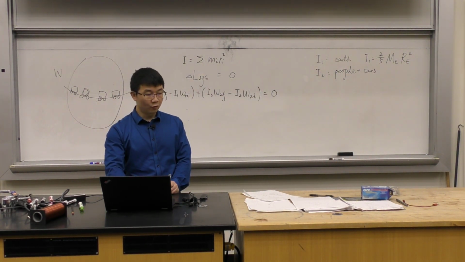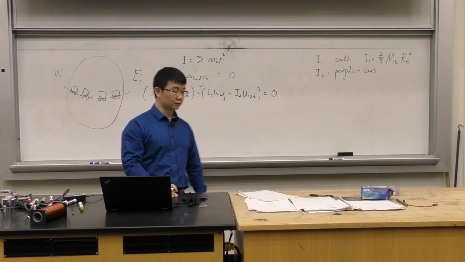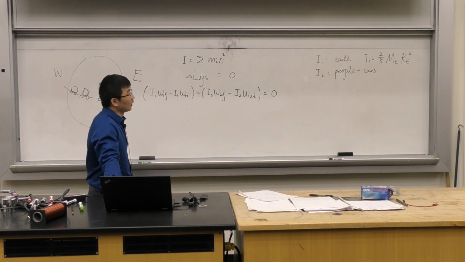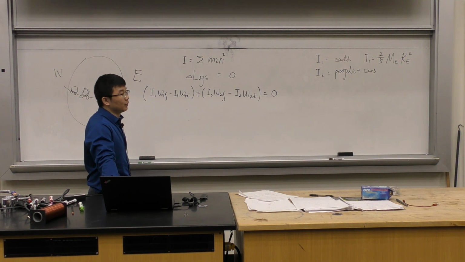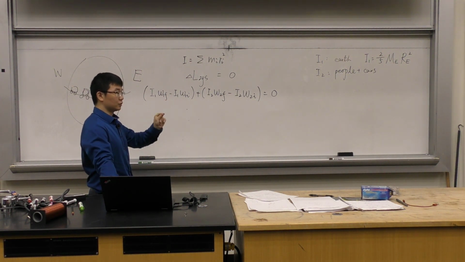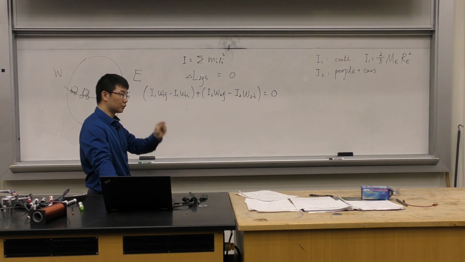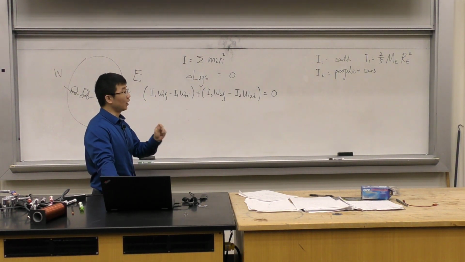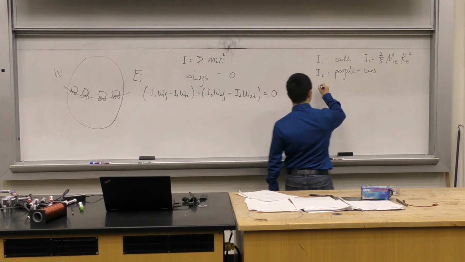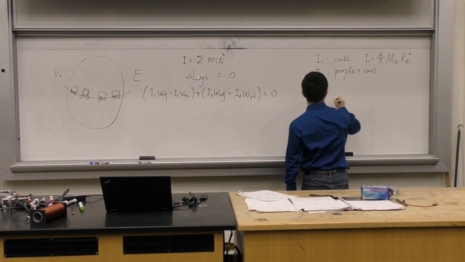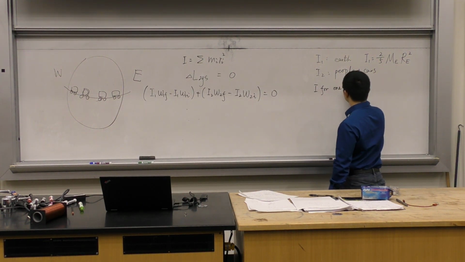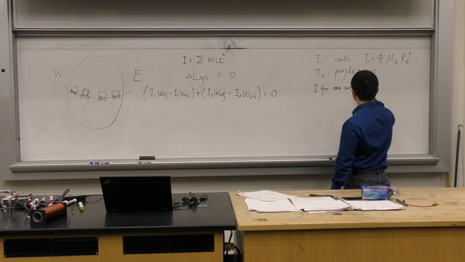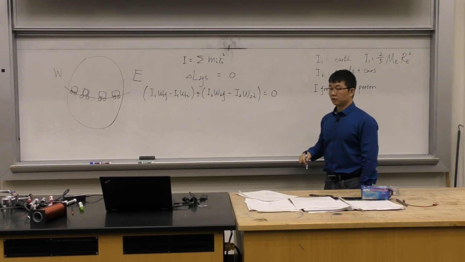Now the I for the people in the cars, that's a little bit hard to calculate. But you can treat every car with the person inside it as an isolated point mass, right? How do you find the I for one car plus the person inside it?